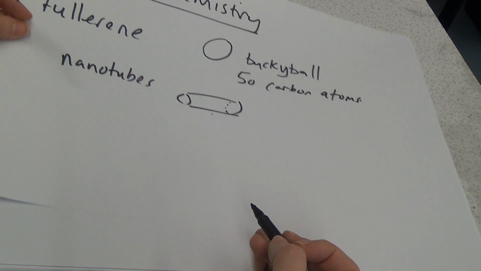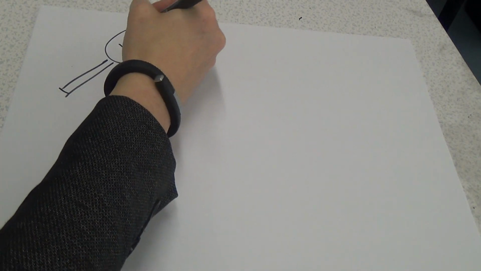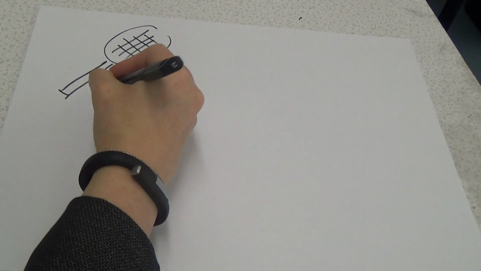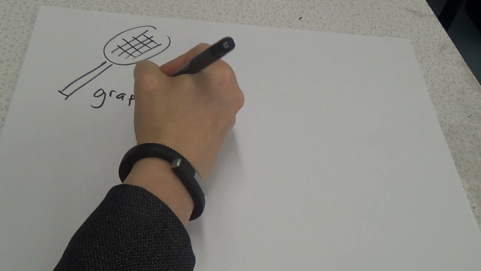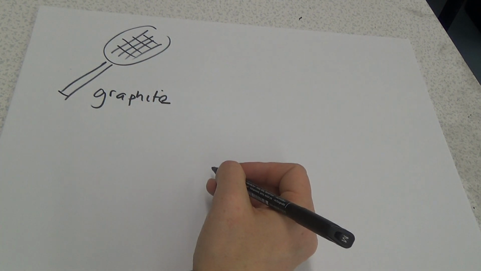There are lots of uses for things like nanotubes in particular, and you need to know some examples of those uses. So one of the first ones is tennis rackets. Graphite tennis rackets are useful because of how lightweight they are.